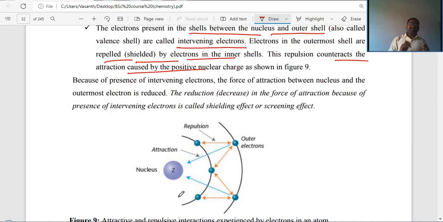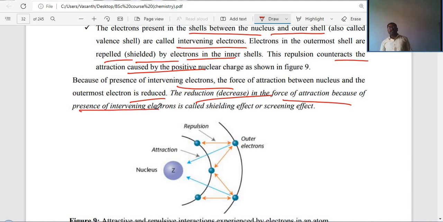Because of the presence of intervening electrons, the force of attraction between the nucleus and the outermost electron is reduced. The reduction in the force of attraction because of the presence of intervening electrons is called the shielding effect or screening effect.